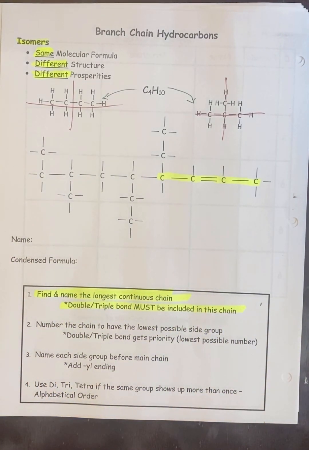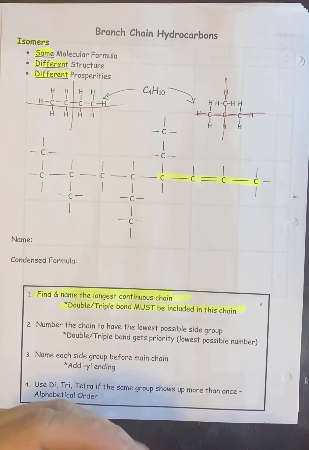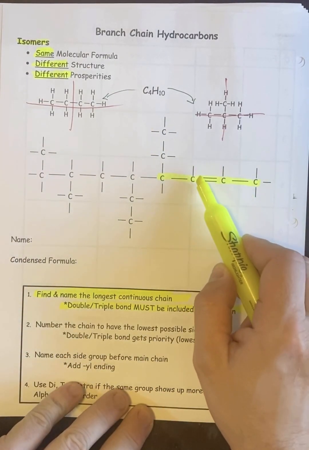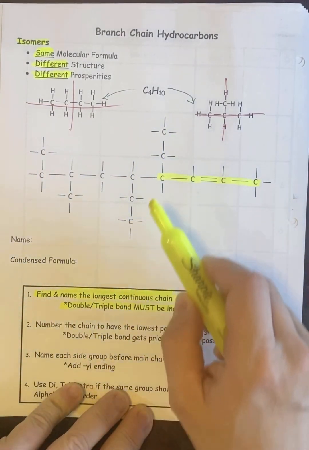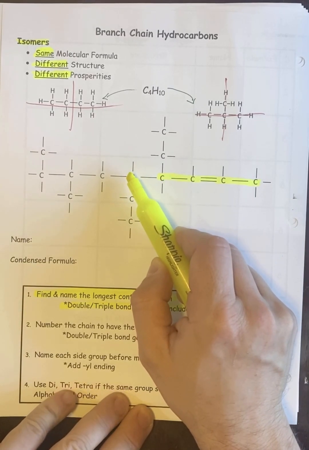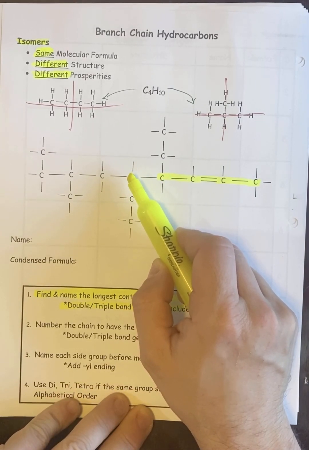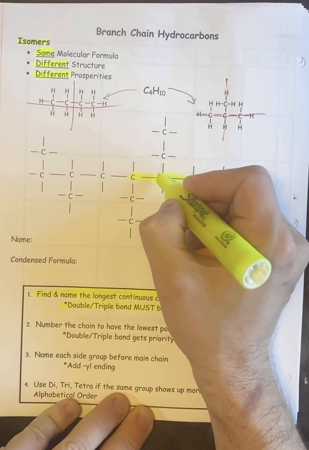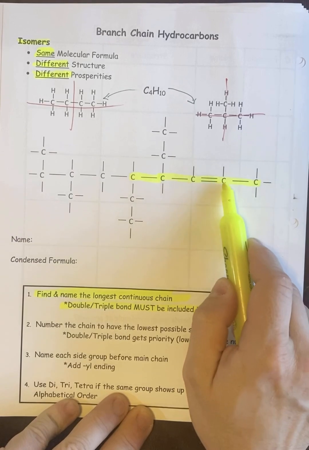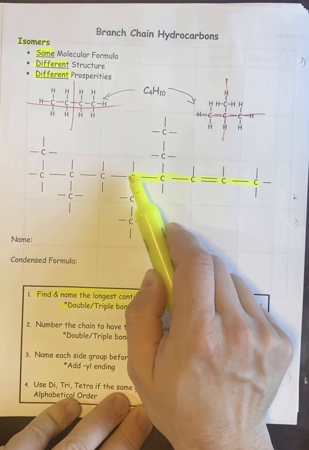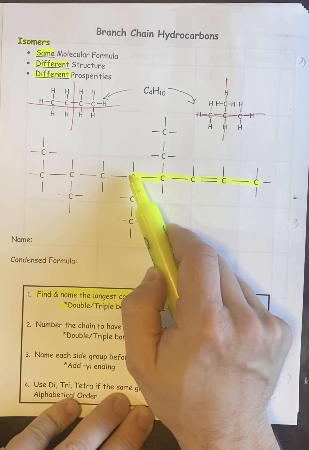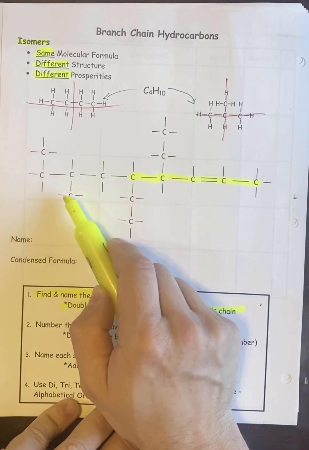So now, here's my question. Once I get to this point, I have a choice. Do I go up 2 more, and then the longest chain would be 1, 2, 3, 4, 5, 6 carbons long, or do I go to the left, and then I can go further? Can I get longer than 6 in a row if I go left? And the answer is, I can definitely get longer than 6 in a row if I go left, because now I've gone 1, 2, 3, 4, 5, and I could go 6, 7, that's 7 in a row, or I could keep going 6, 7, 8.